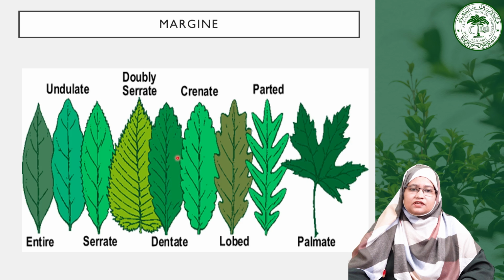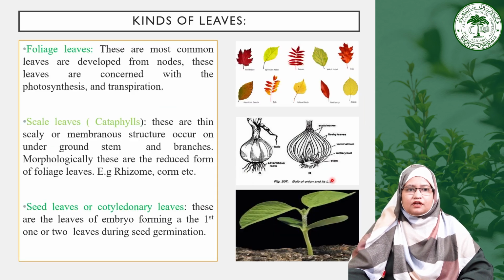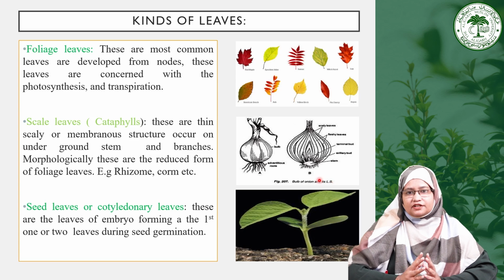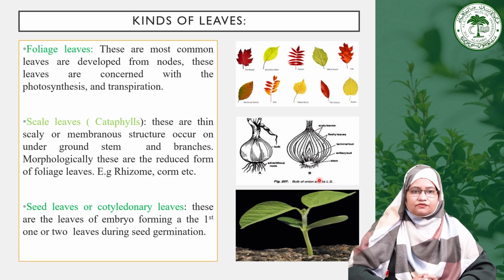Then crenate, you can see these are small lobes. Then these are lobed leaves, because their margins are lobed in nature. Then these are parted leaves, as in the case of Brassica. Then these are palmate leaves, you can say the margins have palmate leaves. So, these are some of the terminologies used for leaves.